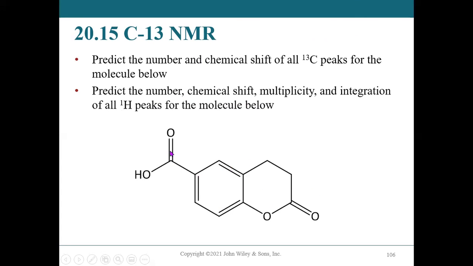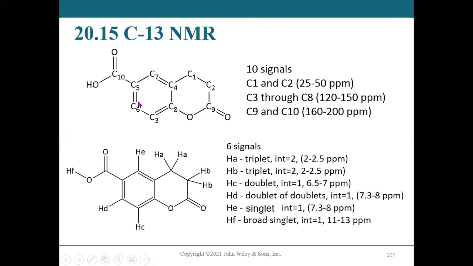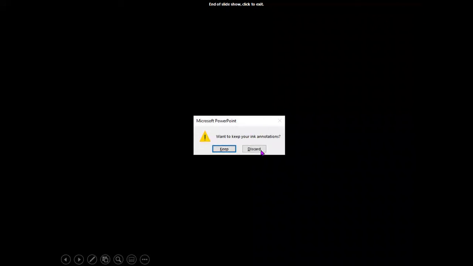So here, the first is predicting how many peaks and the chemical shift for all the carbons here, and all the carbons will be different, giving different signals. And here are the results. We label those H as HA, HB, C, D, E, F, and so here are the signals. Okay, so this is the end of chapter.